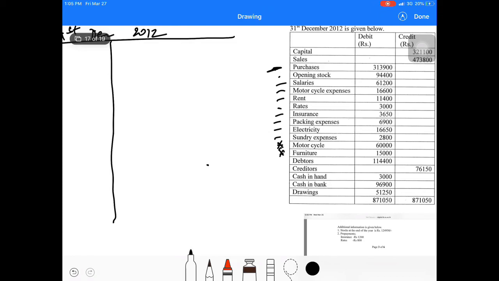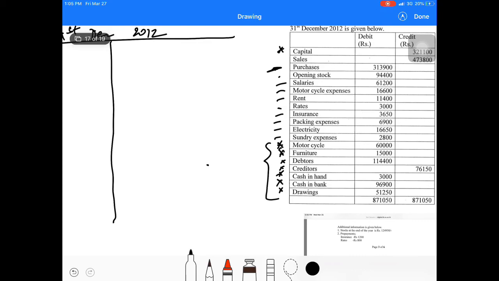Now what are these? Motorcycle, furniture, debtors, creditors, cash in hand, cash in bank, and drawings. These things are not considered as expenses, right? These are not shown in the profit and loss account.